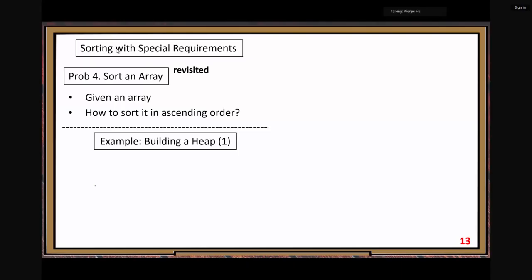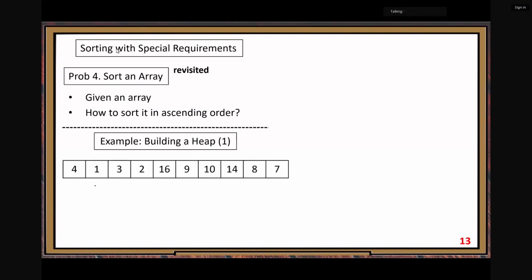You need to do a lot of work to convert an arbitrary array to a max heap. So that's the building a heap process. Let's look at that operation.